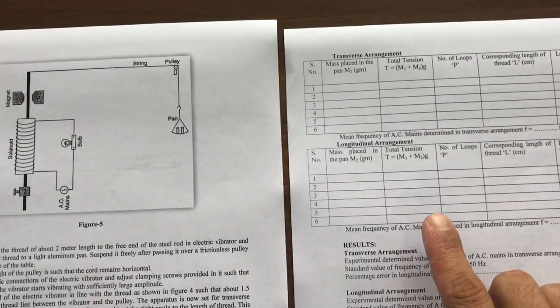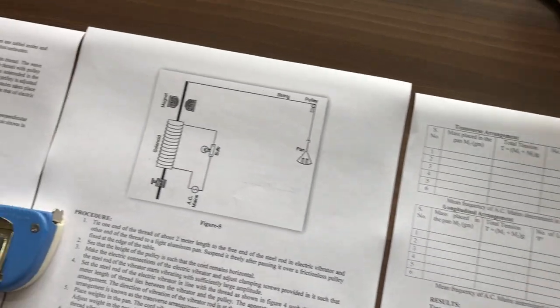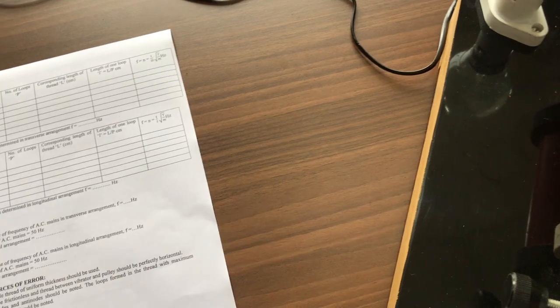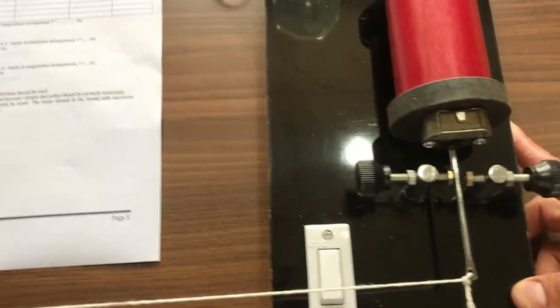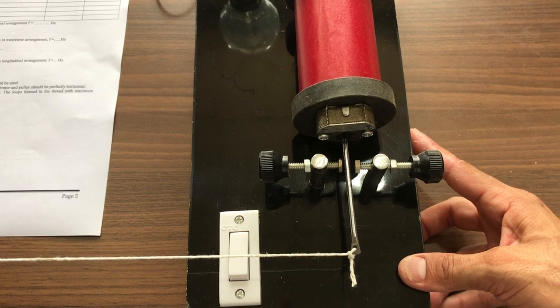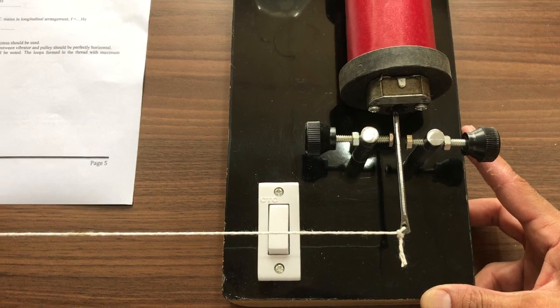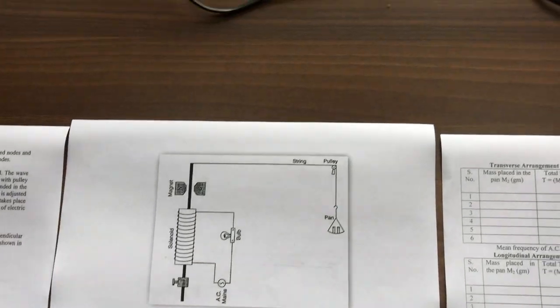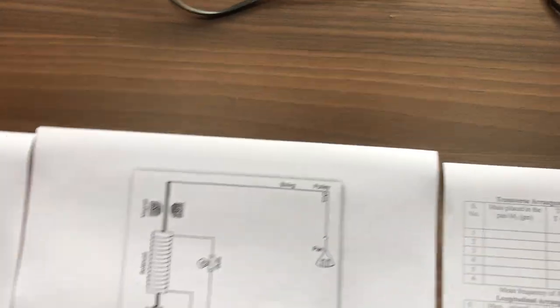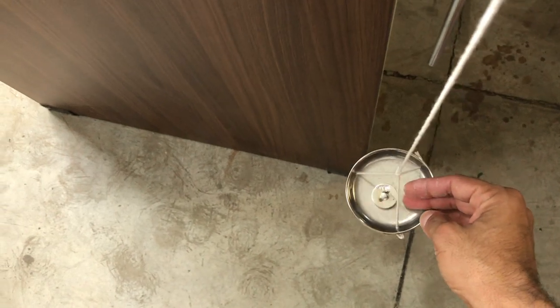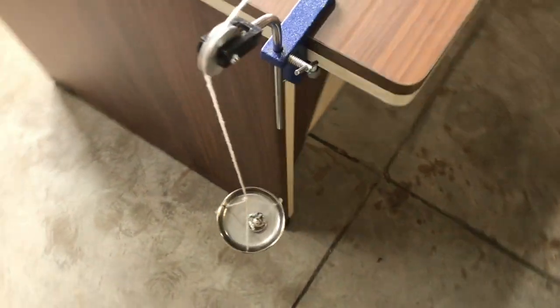Now in a longitudinal arrangement we just rotate the electrical vibrator at an angle of 90 degrees, and put the weight in the pen.